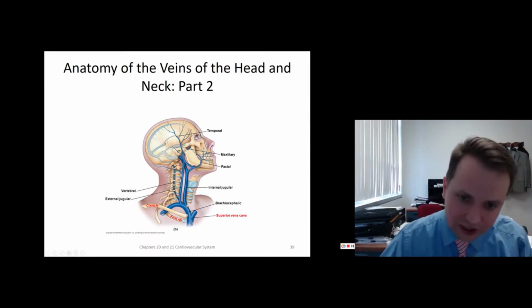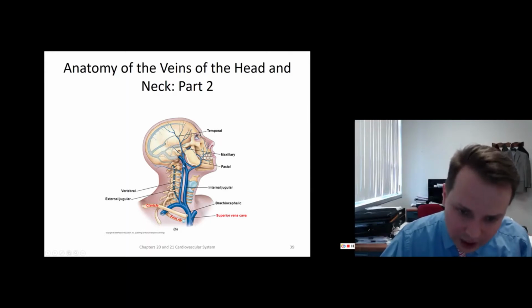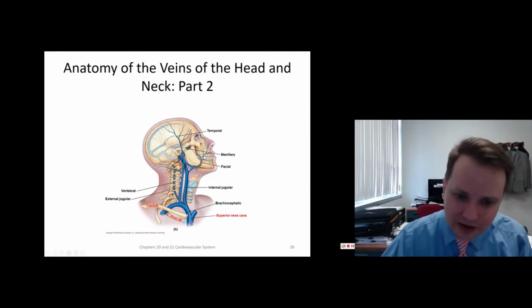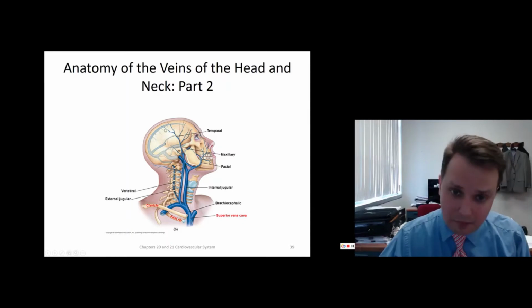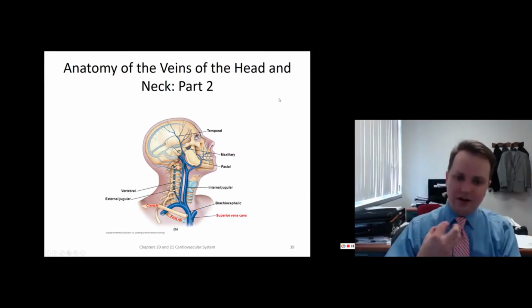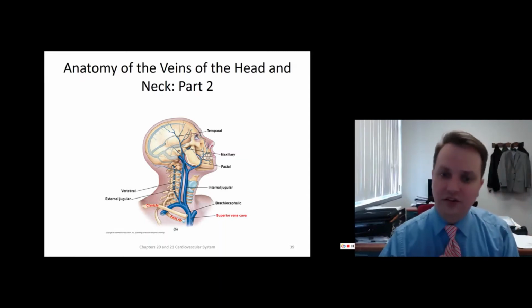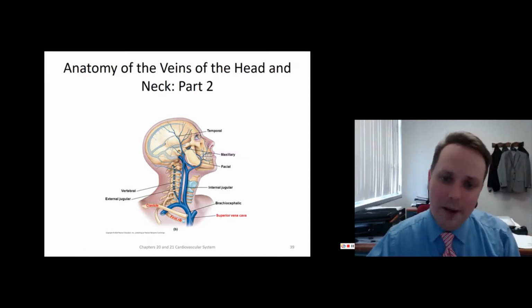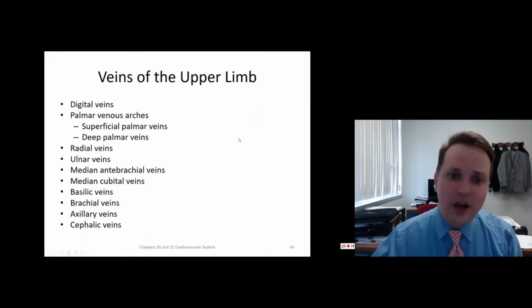Both the internal and external jugular can get blood from the temporal veins, maxillary veins, and facial veins, depending on how the head sits. There's a lot of looping here because of the low pressure.